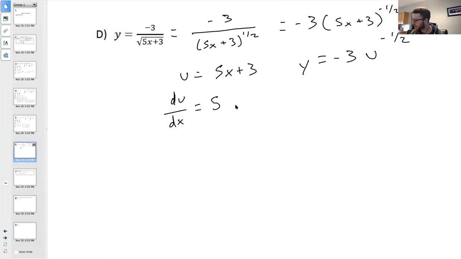So that will just be 5. And the derivative of y with respect to u. So we take that negative 1/2 and multiply it out front. We will get positive 3 over 2 u, and then we'll subtract 1 from the exponent. So we'll get negative 3 over 2.